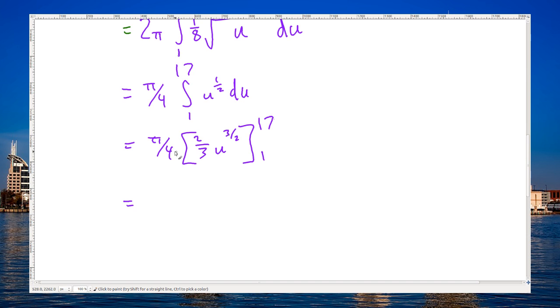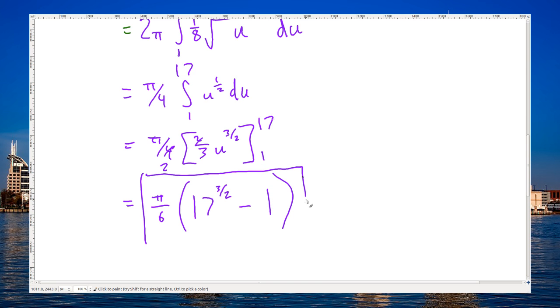Let's see, the 2/3 cancels here. That's pi over 6 times the quantity, I pulled out the 2/3 already, so 17 to the 3/2 minus 1 to the 3/2, which is just 1. And that will not simplify any. So there it is, my final answer.